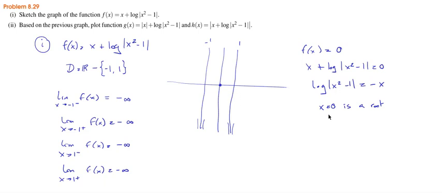And then let's see, so we can get the limit when x goes to plus infinity of f. This is going to infinity, this is going to infinity, so this is going to be plus infinity, so there has to be a root at some point on the positive axis.